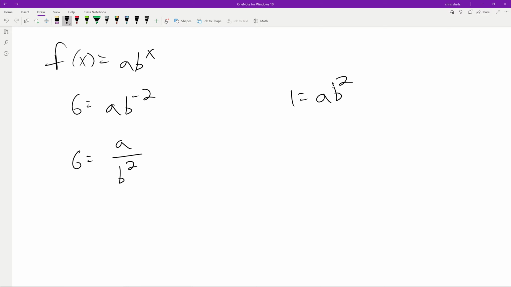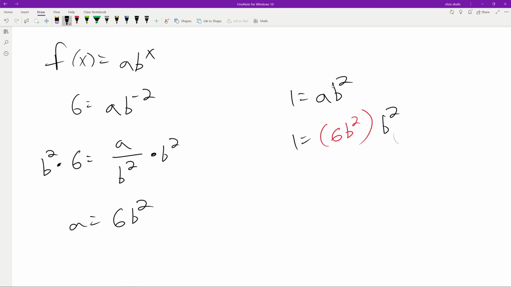If I multiply both sides by b squared, this gives me that a is equal to 6b squared. Then in this other equation, everywhere I see an a, I can write 6b squared. So now I can solve for b very easily.